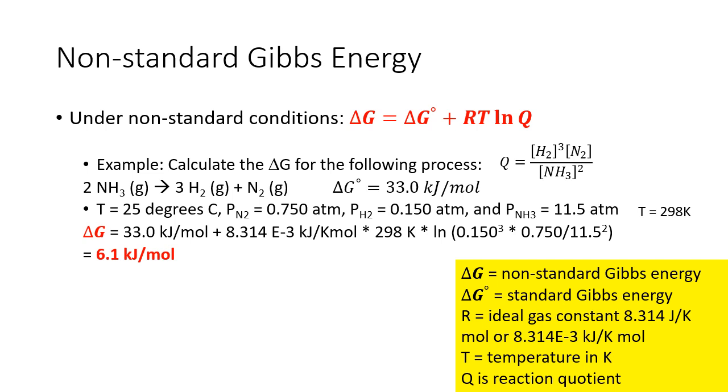So again, we ask ourselves the question, does this make sense? This process goes from 2 moles of gas to 4 moles of gas. So entropy in this case is definitely positive. We're getting more moles of gas. That is way more chaos. It is not necessarily clear straight off what enthalpy will be. So there are 2 options for temperature dependence when entropy is positive. If we have an endothermic reaction, the Gibbs energy will be negative and therefore spontaneous when the temperature is high.